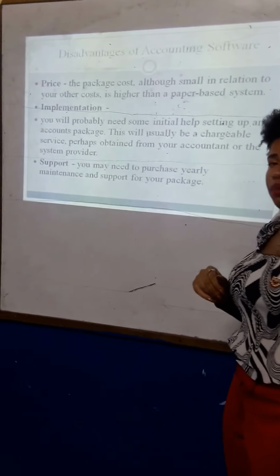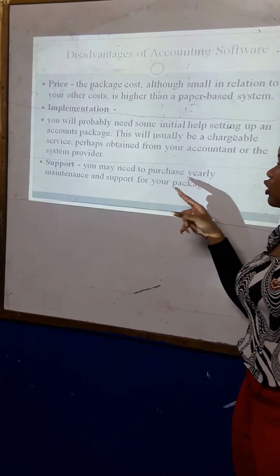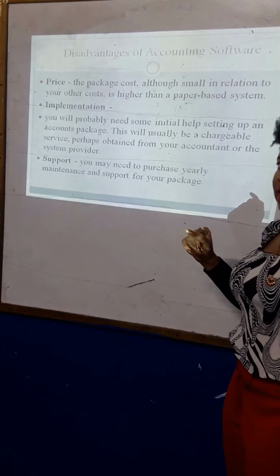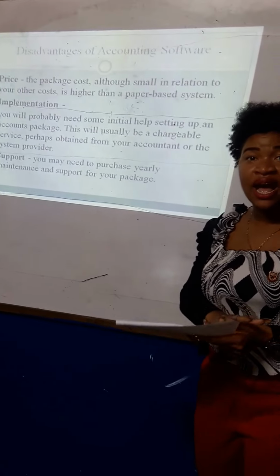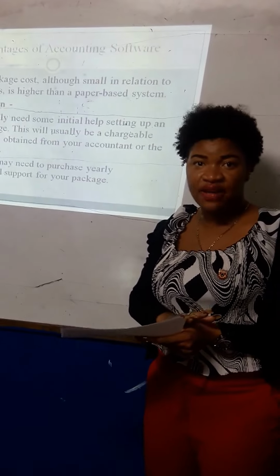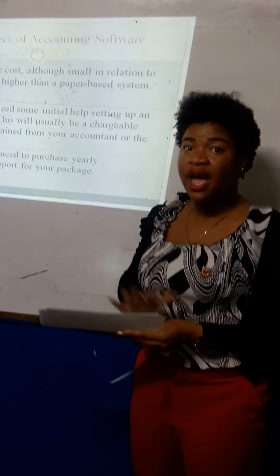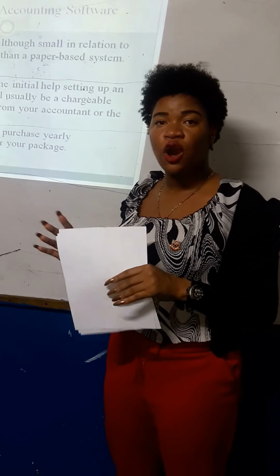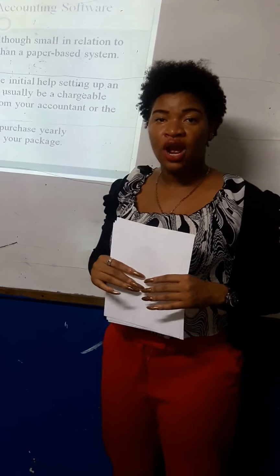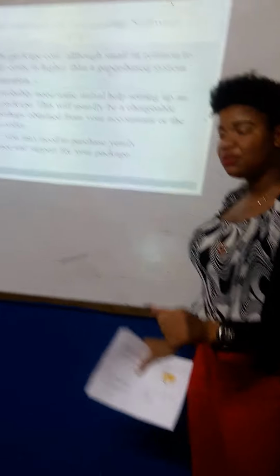The next is support. You may need to purchase yearly maintenance and support for your package. As technology advances, so does your system, and you sometimes need the service provider to come in and upgrade your accounting software. Let's move on.